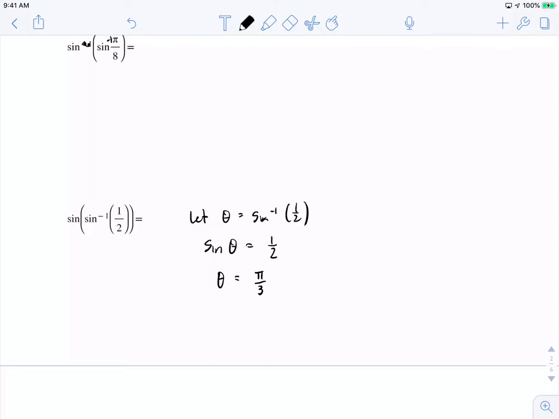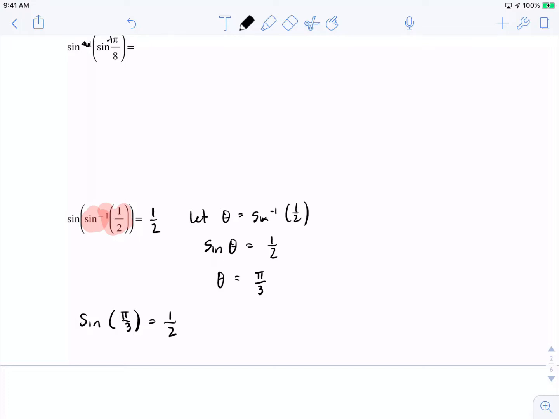But that's just the inner piece. So all of that work that we just did is for this inside. And so the problem then ends up being sine of pi over 3. And sine of pi over 3 is 1/2. So this is 1/2. It's just another way of looking at how to attack these problems.